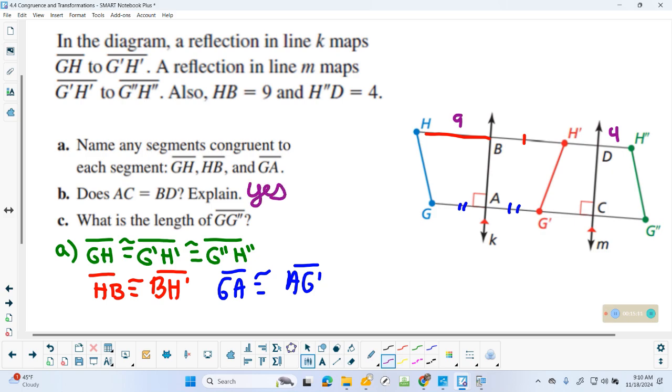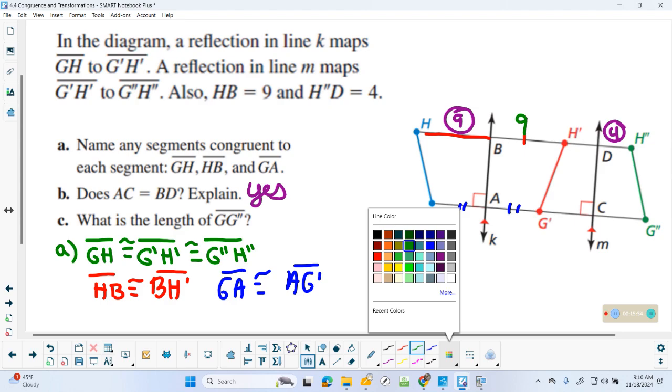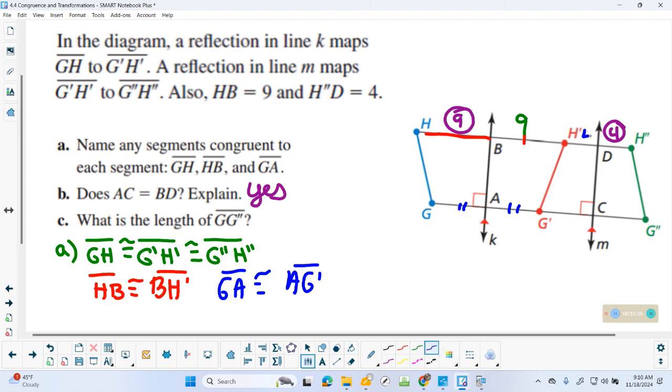Okay. What is the length of G to G double prime? Well, G to G double prime, of course, is the same as the top one. So I'm kind of working off the top one, because remember they gave you this information at the beginning of the problem. If that's 9, I know we said these are congruent, that's 9. If this guy is 4 to the right of the line, of course they went 4 to the left.